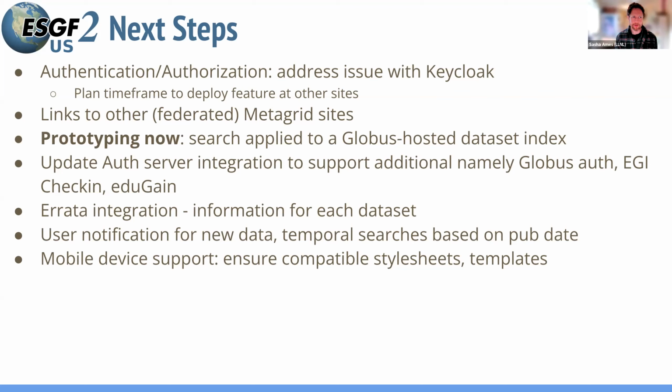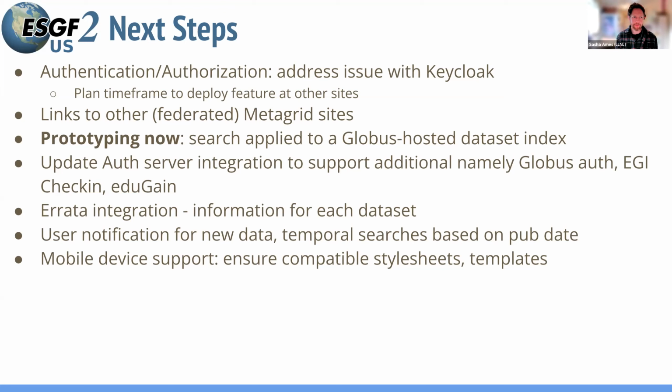Part of this could be adding links. Right now in COG, you can navigate to other ESGF sites, other search interfaces. We don't have that in Metagrid, but we could add it, or at least add some simple navigation, maybe just a link at first to a page of the other sites, but we'll consider that feature.